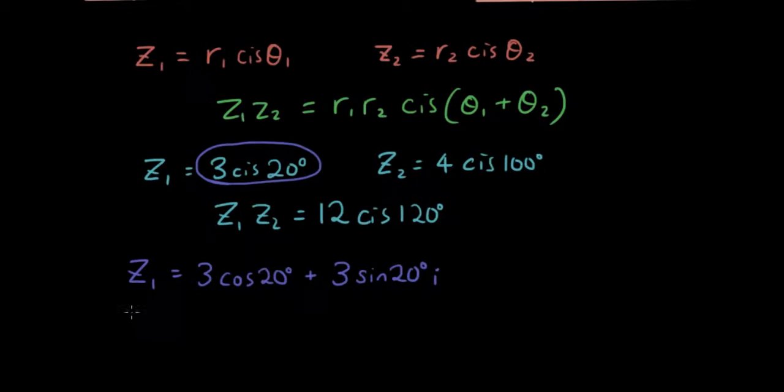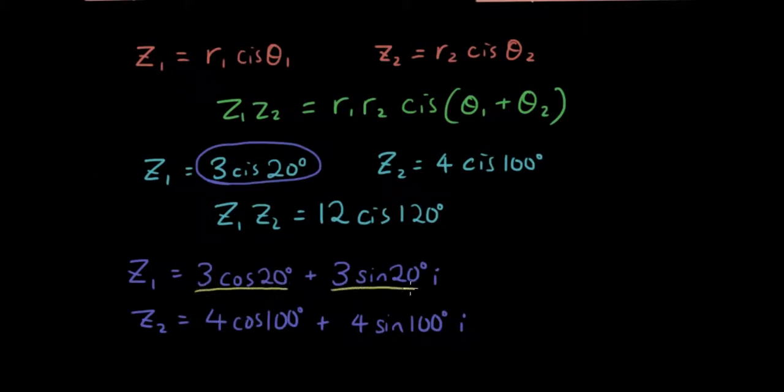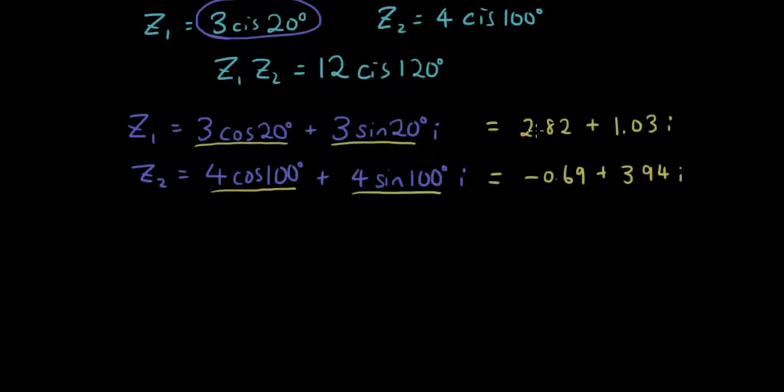And then Z2 is the same thing as 4 cos 100 plus 4 sine 100 i. So if you get these numbers, type them into the calculator and then write them out as standard form, these are your two complex numbers in standard form.